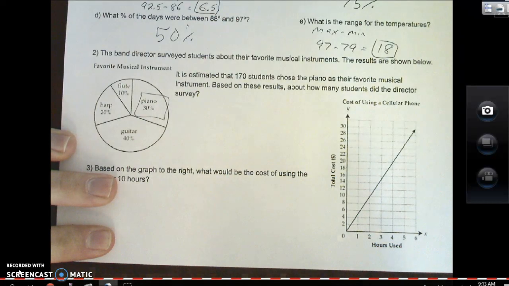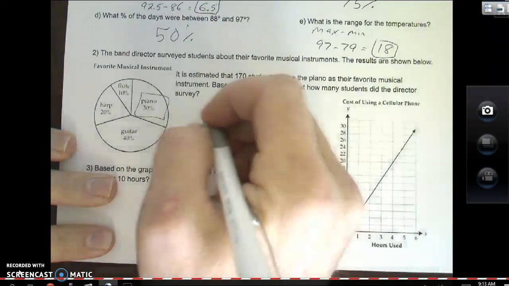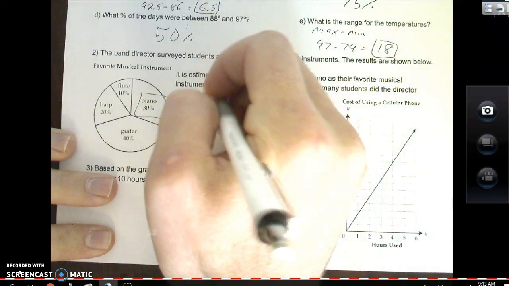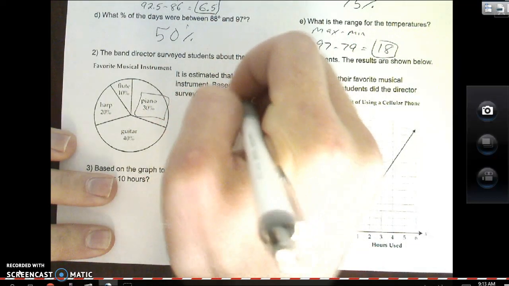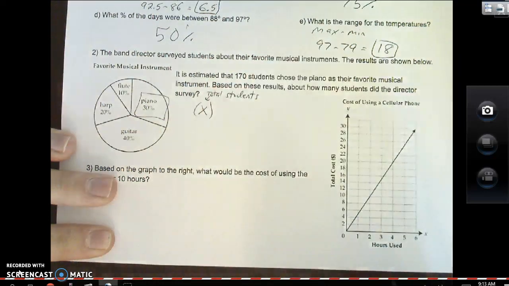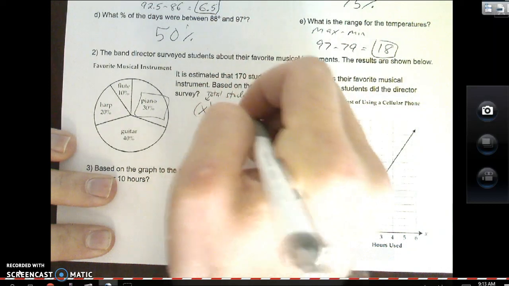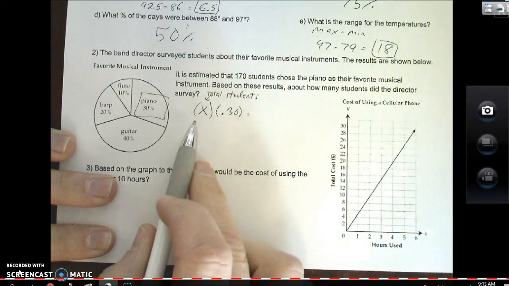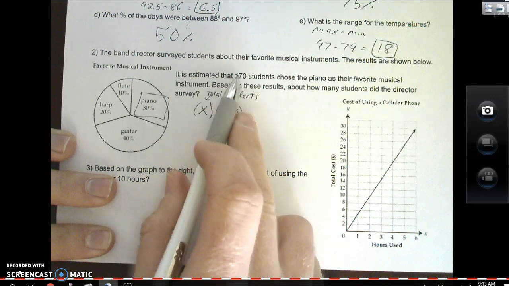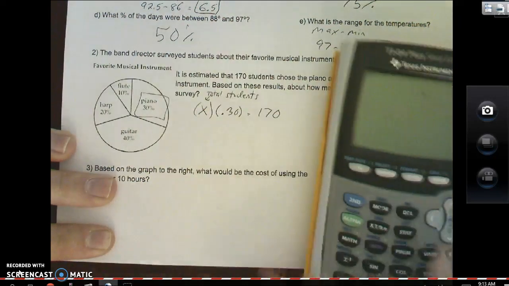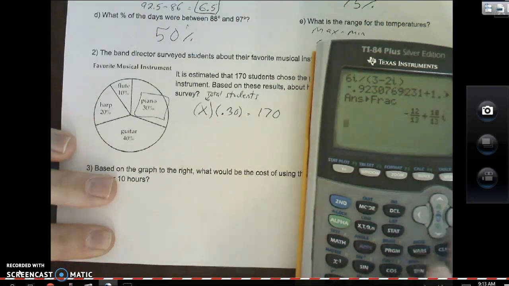You want to know how many total students there are. I don't know what that is, so I'm going to call that X, total students. Now, 30% of them, I represent as a decimal, 0.30. If you multiply 30% times your total students, you should get 170. Cool. Well, I want to solve for X. So I've got my graphing calculator here.